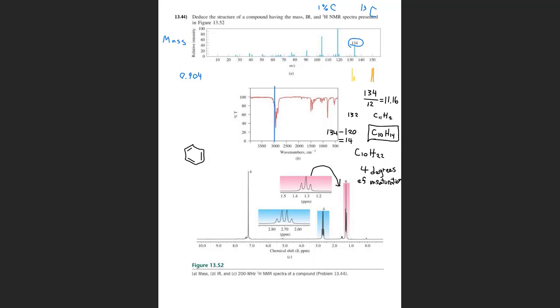Now, what does the triplet tell you? That there are 2 neighboring hydrogens. Yeah, there are 2 hydrogens on an adjacent carbon. So that means I have a carbon with 2 hydrogens next to it.